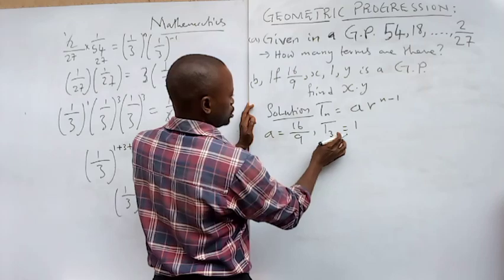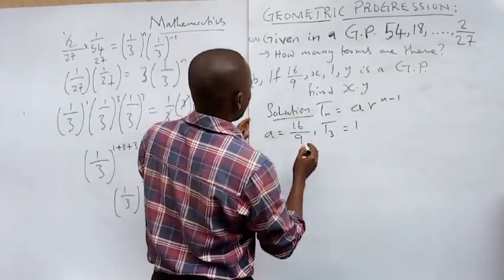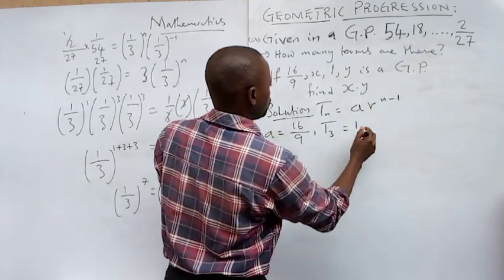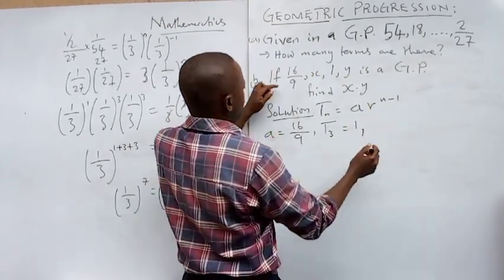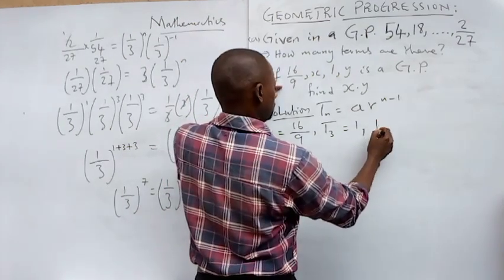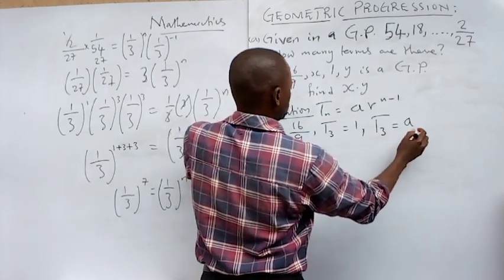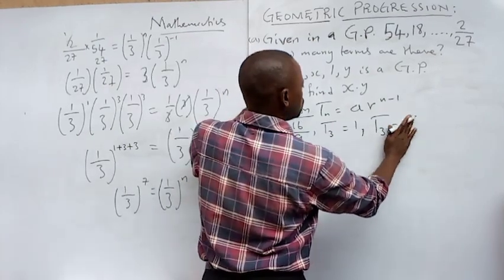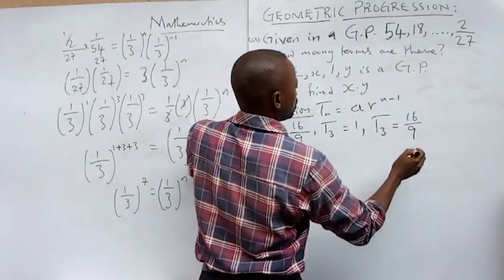I can use this T3 to penetrate here. So from this expression, I will now say T3 is equal to A, the first term, which is 16 over 9, okay?